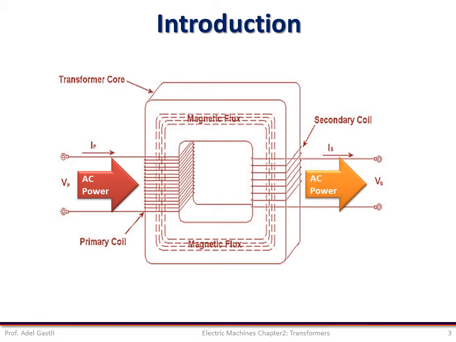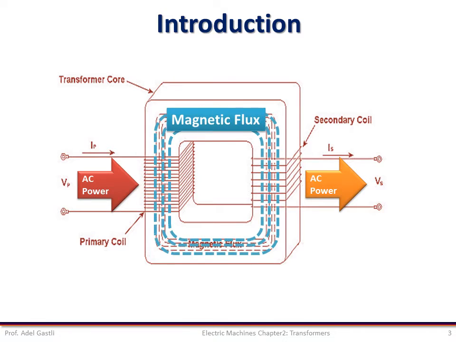A transformer is an electrical device that transfers AC energy from one electrical circuit to another by magnetic coupling, but without any moving parts. Its action is based on the laws of electromagnetic induction, which we have covered in the previous chapter about magnetic circuits.